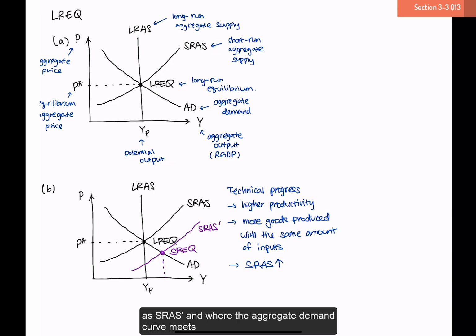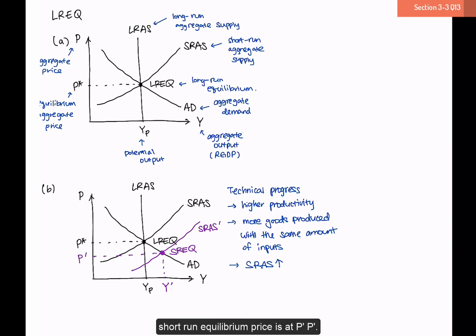And where the aggregate demand curve meets the new short-run aggregate supply curve is your new equilibrium. Now we see that we're not on the long-run equilibrium because we're away from the long-run aggregate supply curve. And so we are at a short-run equilibrium where our short-run equilibrium output is at Y prime and the short-run equilibrium price is at P prime.